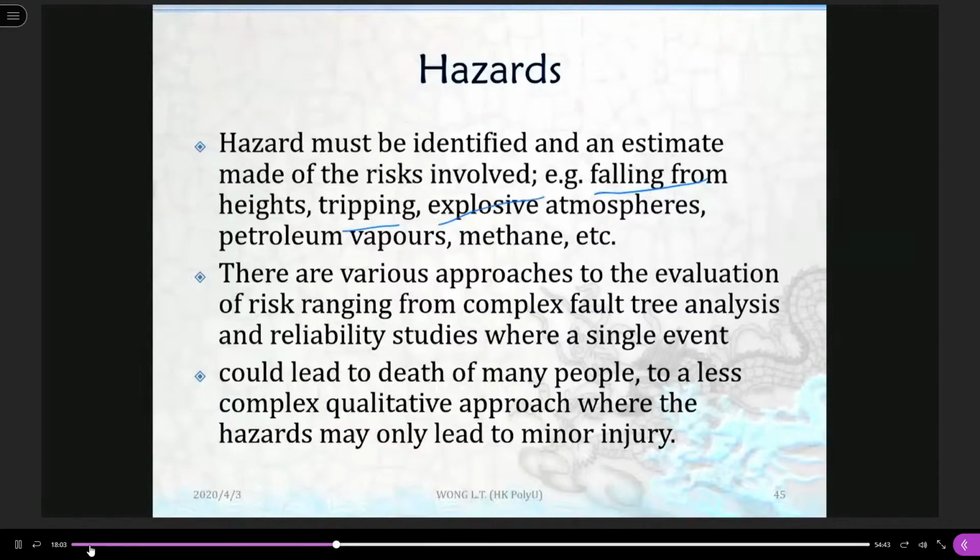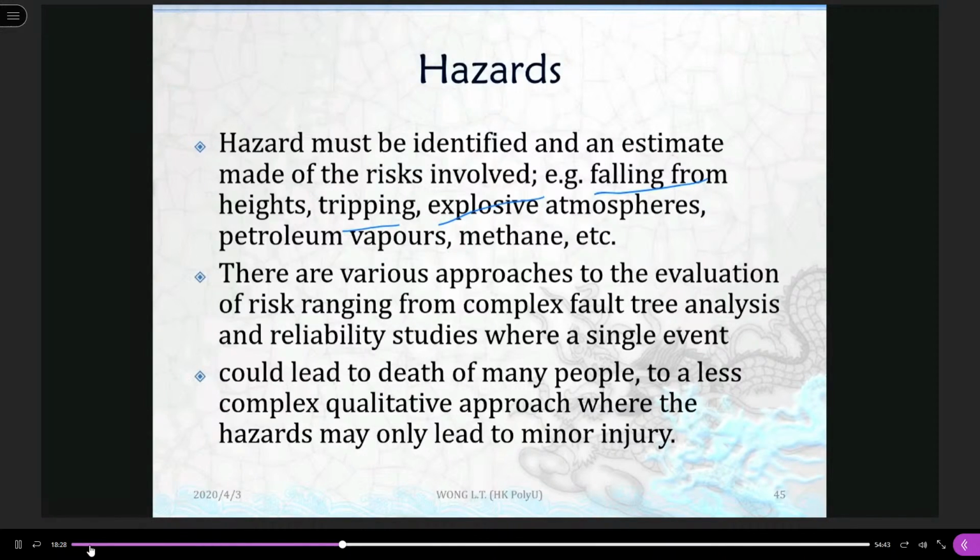Explosion is sometimes a concern, say in a dust environment, dust explosion. In some electrical ductwork, switchboards, there is exposure risk. Petroleum vapors, methane. Some lubricants may be vaporized and then become a flammable vapor, which is also a concern.